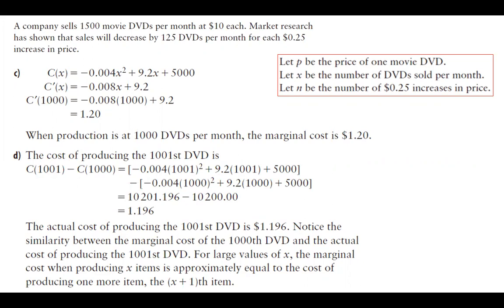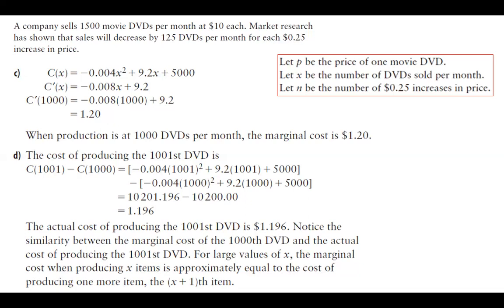Okay, next question. The cost of producing the 1,001st DVD is, you can calculate this using the difference of the cost of producing 1,001 DVDs and the cost of producing 1,000 DVDs, right? So we can just plug 1,001 into C(x) and 1,000 into C(x) as well. The difference will be the cost of producing the 1,001st DVD, which gives us $1.196.